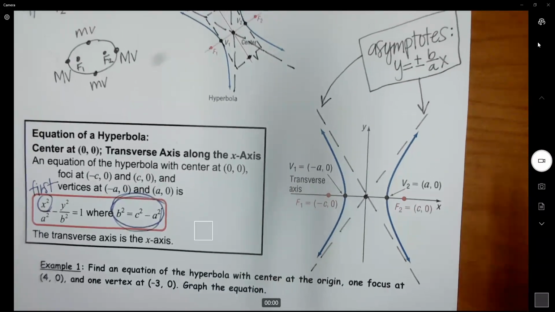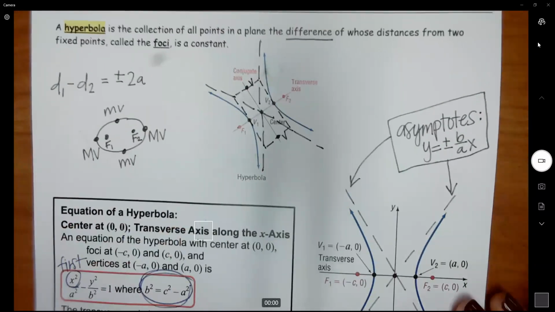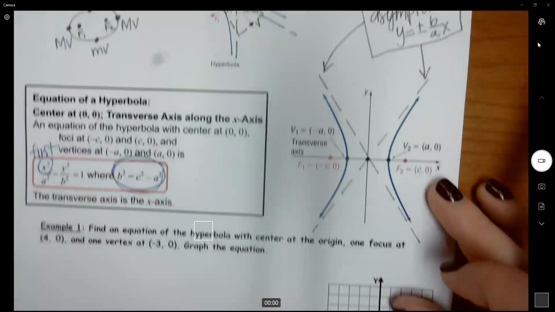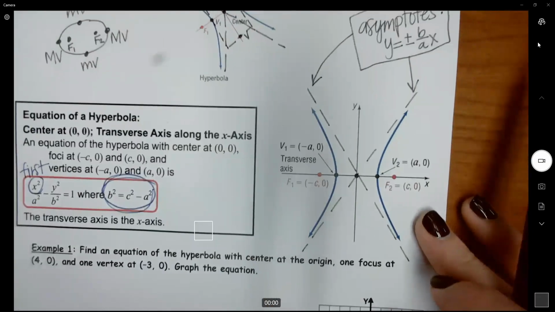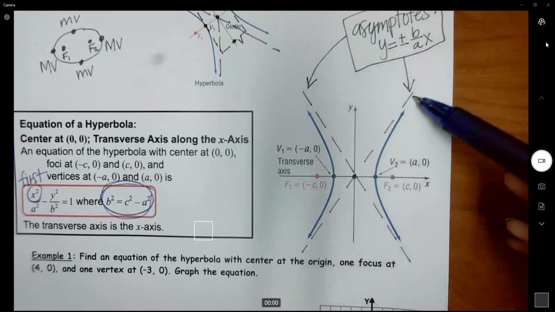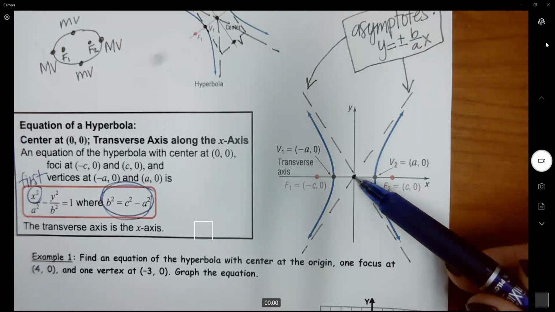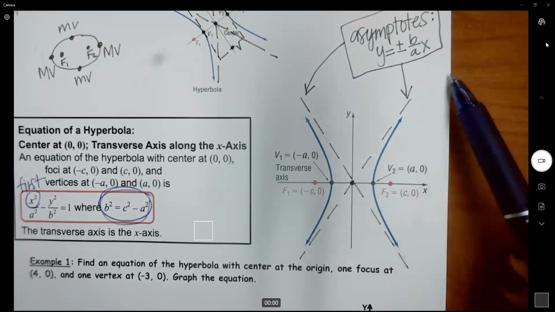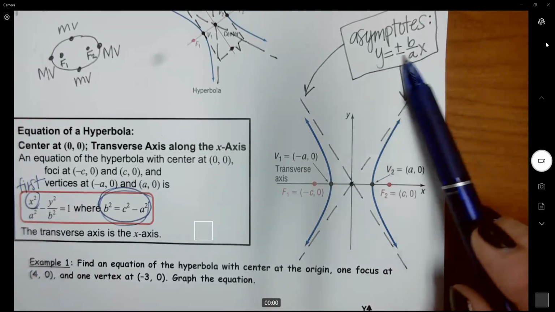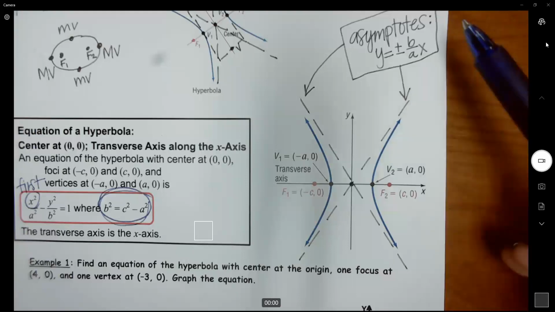And then lastly, you might need to pause this video and write this in. As I explained up here, you're going to have two asymptotes, and that's how we know the shape of these hyperbolas. So you're going to have two asymptotes going through here. That's going to go through the center, in this case, the origin. And you can find the equations for your asymptotes by using this right here, y equals plus or minus b over a x.